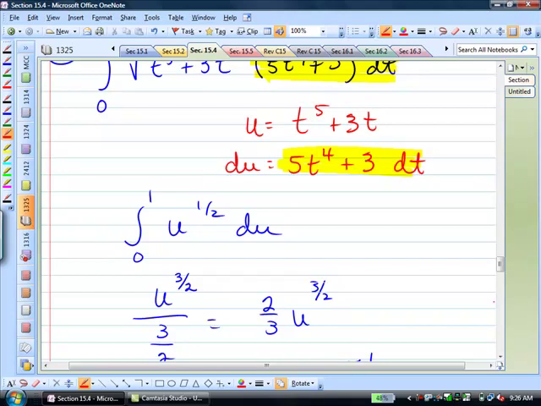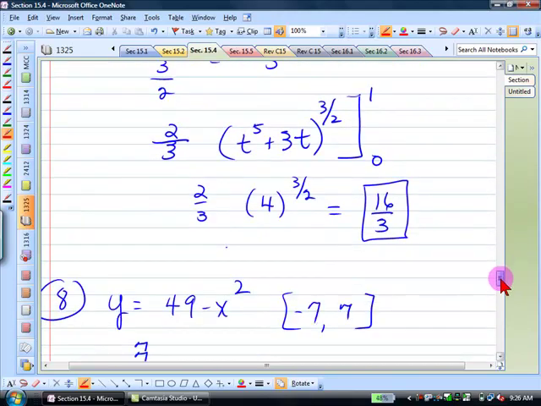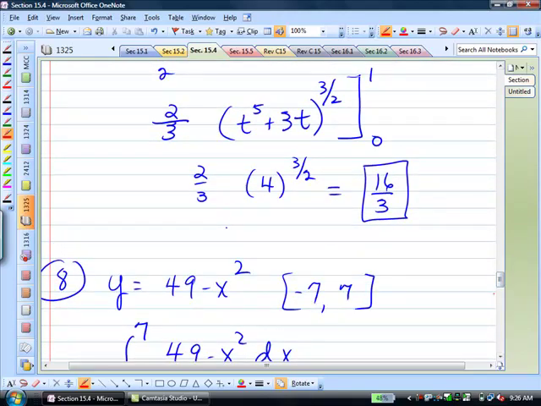Okay? All right, the last two questions, number 8 and number 9, talk about finding the area between the curve and the x-axis. What does this thing look like? If you put it in the calculator, what does 49 minus x squared look like?